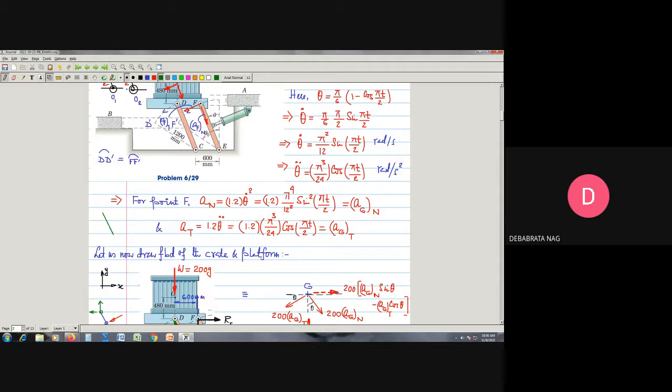Therefore there are no other forces acting on the system. So quite naturally, the reaction force must be that of a two-force member. That means the resultant reaction forces will be acting in this way. Either it will be trying to push or it will be trying to pull the system. So it will be this member CD.